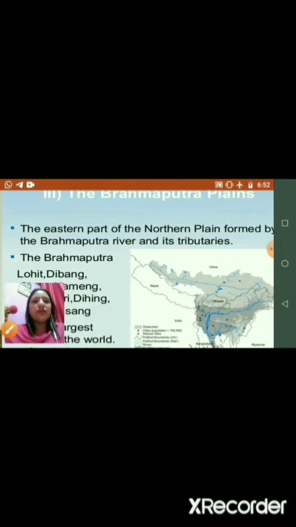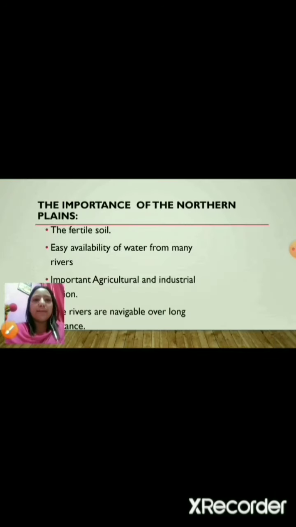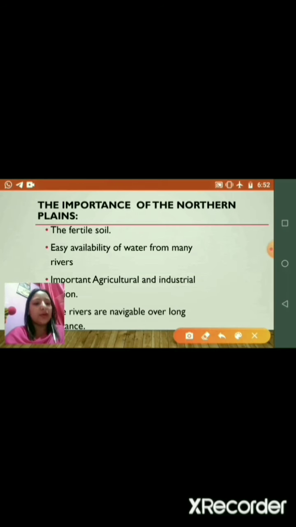Now we will see the importance of the northern plain. Why is it very important? First, the soil and easy availability of water from the many rivers make this an important agricultural and industrial region.